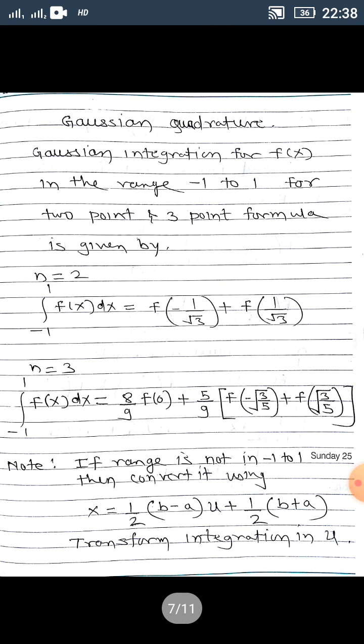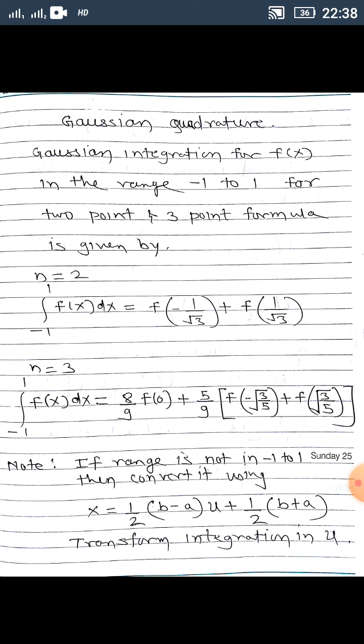Next, Gaussian quadrature. Gaussian integration, we have to evaluate in the range -1 to 1 for 3 point and 2 point formula. So 2 point formula, that is n is equal to 2. The Gaussian formula is integral from -1 to 1 of f of x dx as f of -1 by root 3 plus f of 1 by root 3. This is the 2 point formula.